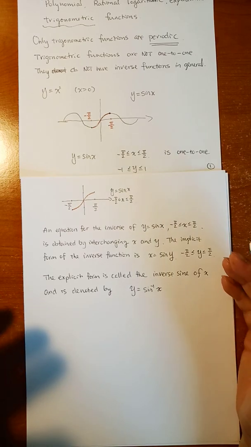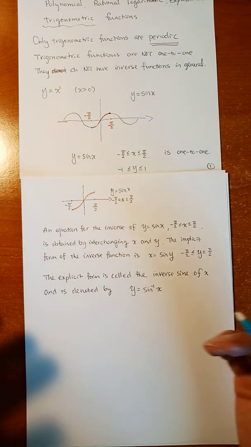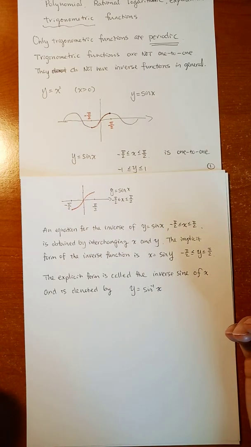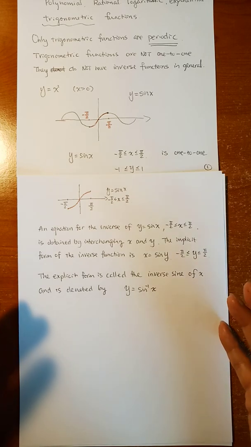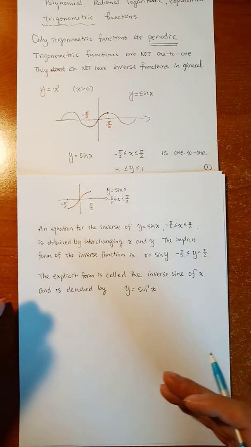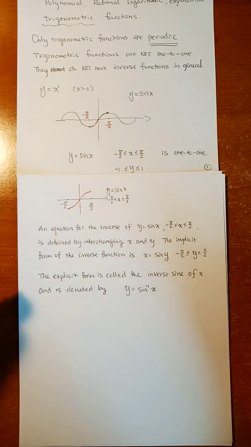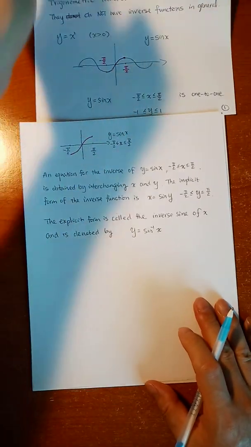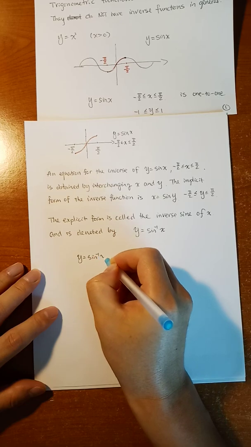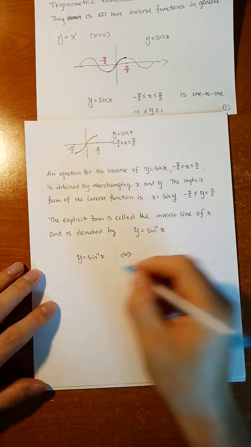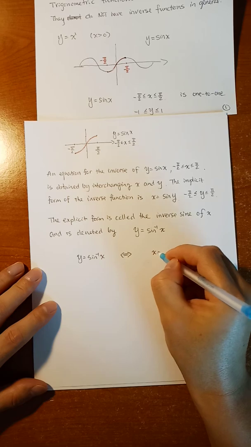Remember that when we had the exponential function, we got its inverse by creating a new symbol, the logarithmic function. Once you have a new function but don't explicitly write the formula in terms of other functions, you just create a new symbol. So y equals sine inverse of x. By the inverse function, it just means x equals sine y.